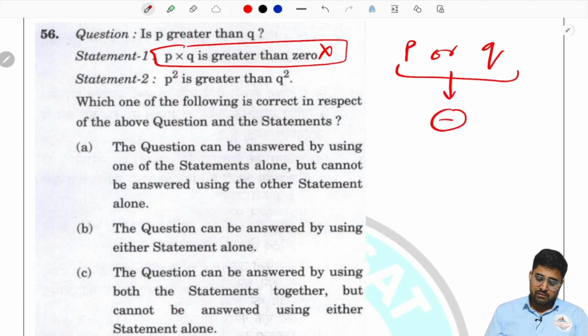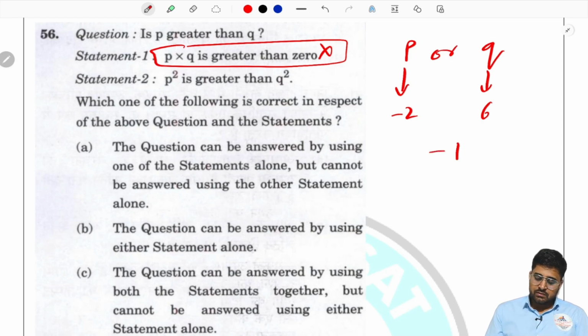For example, let's say P is -2 and Q is 6, then the product comes to -12, which is smaller than 0. If both are negative, then the answer is 12. There is no clarity whatsoever.